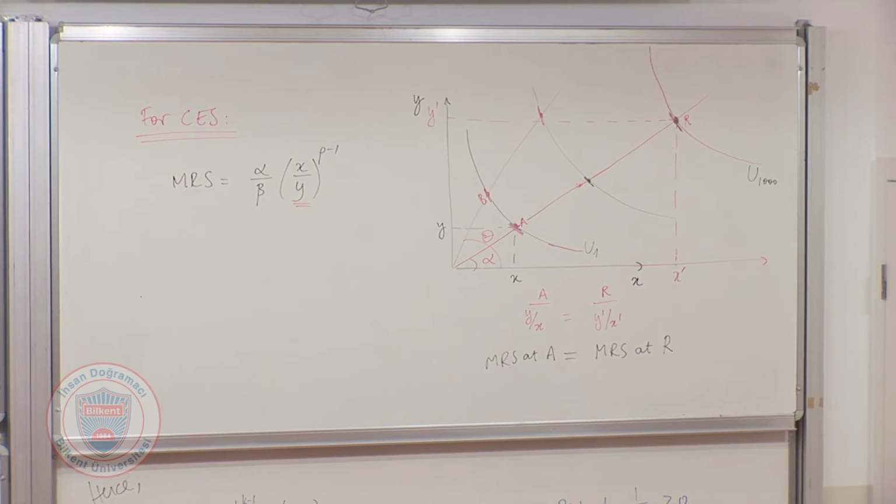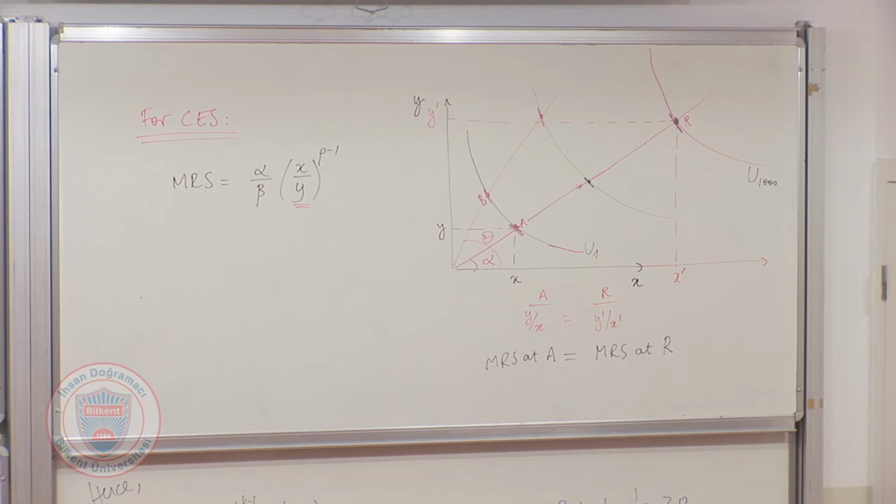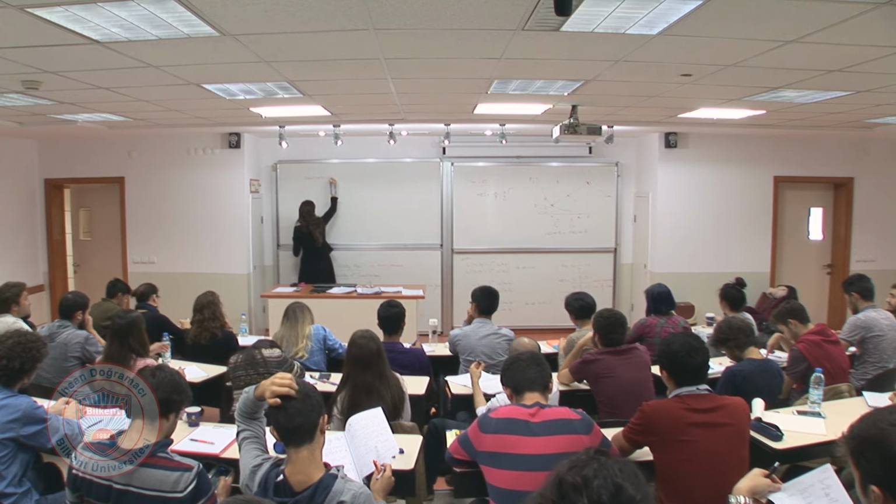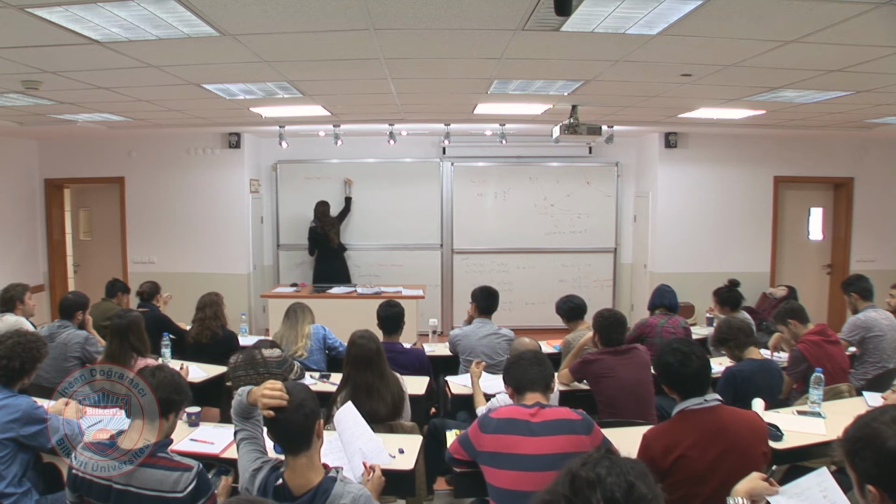About the homothetic utility function, you would sometimes hear that preferences are homothetic, okay? But it's very much related to what we have said there. So let me write this, homotheticity in terms of preferences.